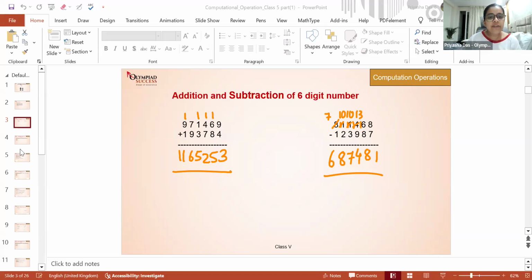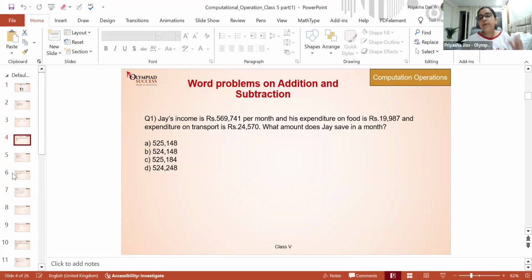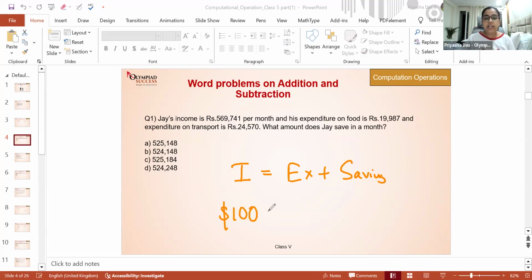Okay, starting off with the first one on your screen, everyone. Please pay attention. This question is not just addition, subtraction. This question is the concept of expenditure, income, and savings. For people who don't know, income is equal to expenditure plus savings. Income means the money you get in hand. For example, you get a pocket money of $100, out of which you liked a few things in the market.